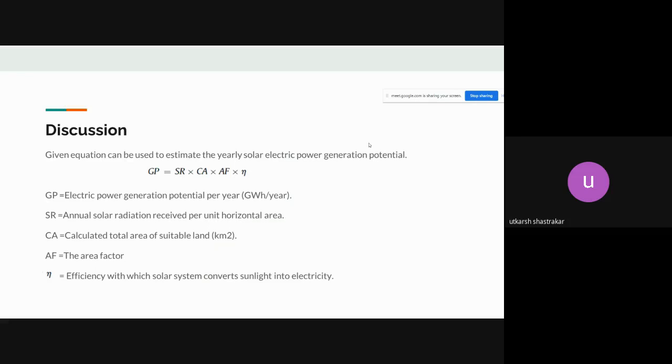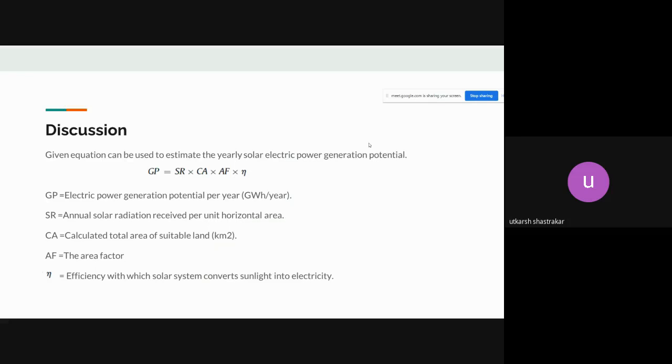The variables SR, CA and AF, that is solar radiation, calculated suitable land, and the area factor, are the criteria which they have incorporated using the GIS model, whereas the N efficiency is actually the efficiency of the technology employed.